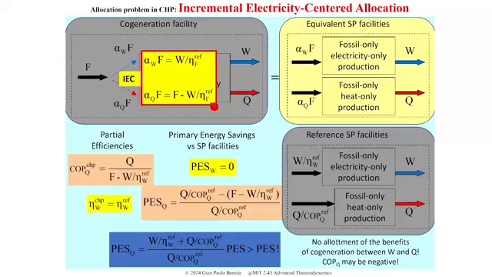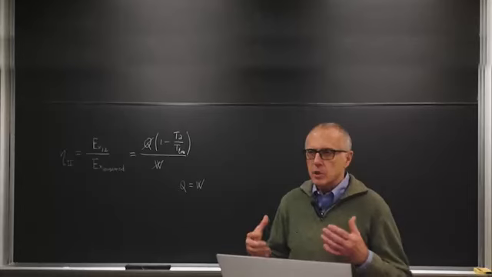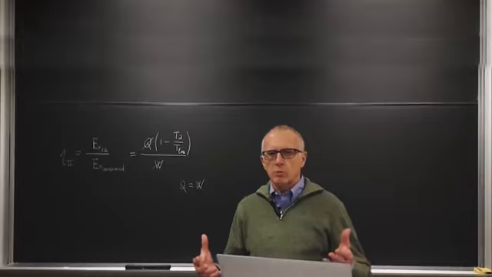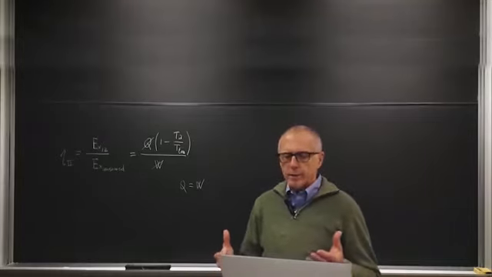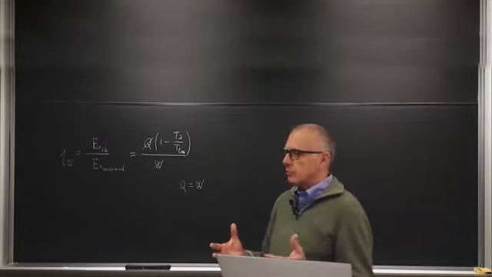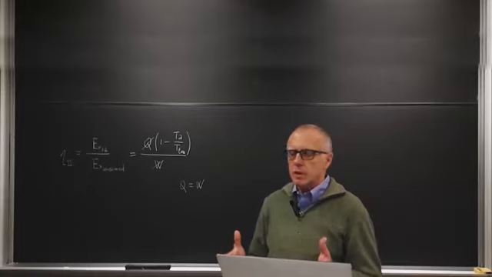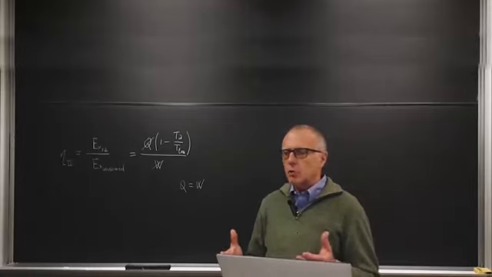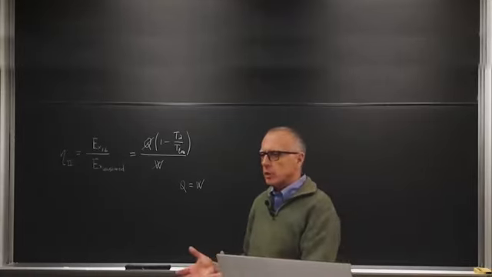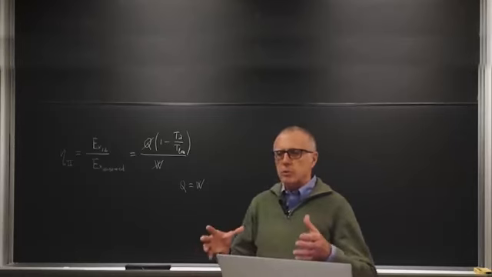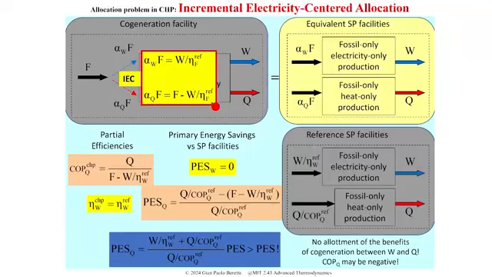Okay, if it is true that my cogeneration facility saves 40% of the fuel, there is a benefit of cogeneration, and is that benefit really all due to the production of heat, or should it be distributed between the two products?